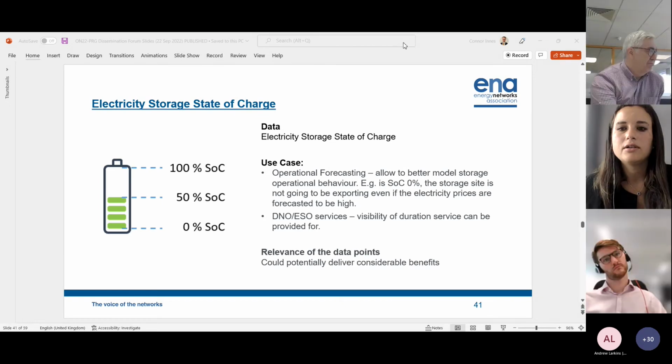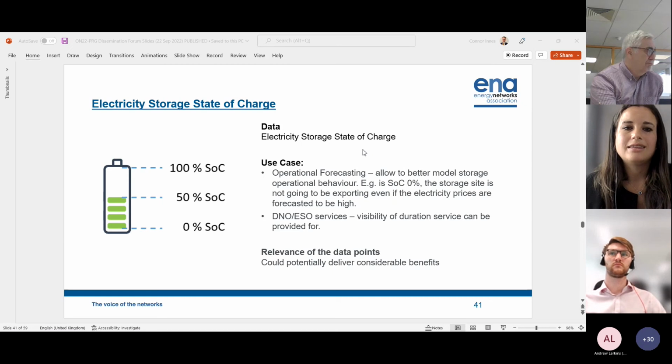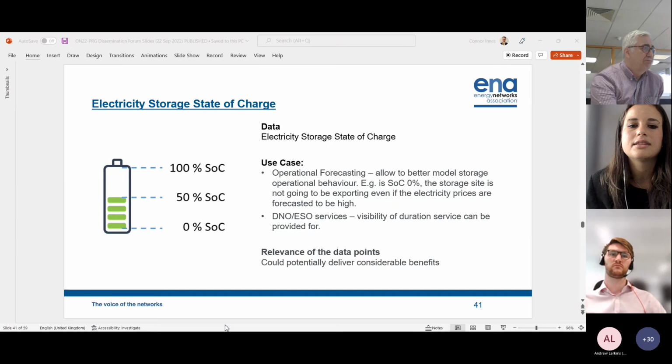So for example, if we know that a battery is empty, so zero state of charge, we know that storage is not going to be exporting even if electricity prices are forecasted to be high. Similar to this, if the state of charge was 100%, then we know that the site is not going to be importing.